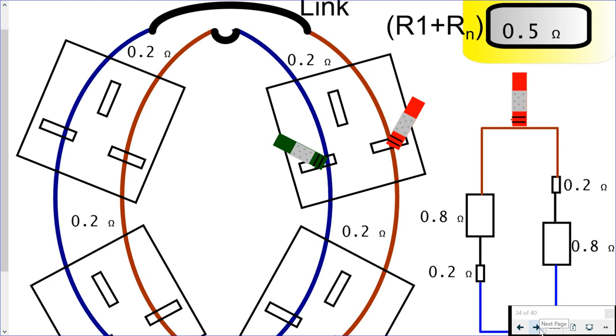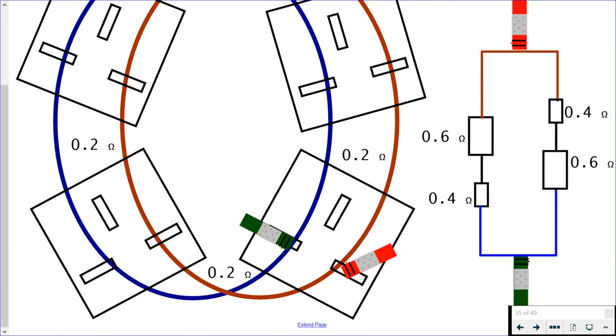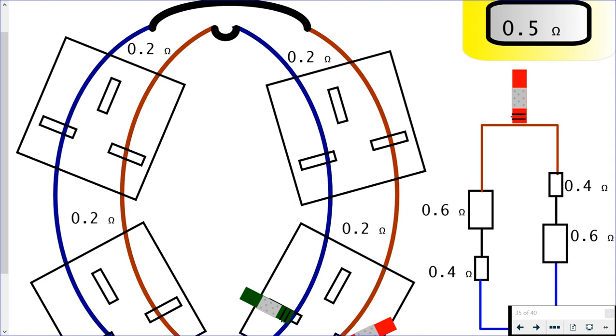All right. As we move our leads around the ring, you'll see this loop length here going back to the links increases. And you'll see that here as that representation there, where that's increased to 0.4 of an ohm. Okay, but as that loop length increases, this loop length here decreases.